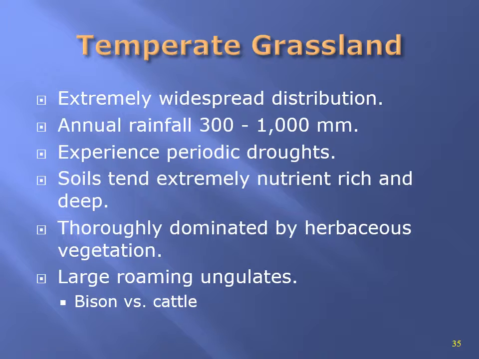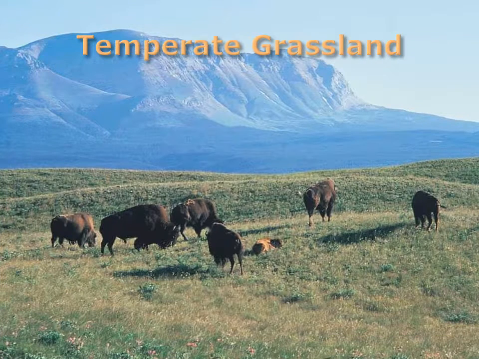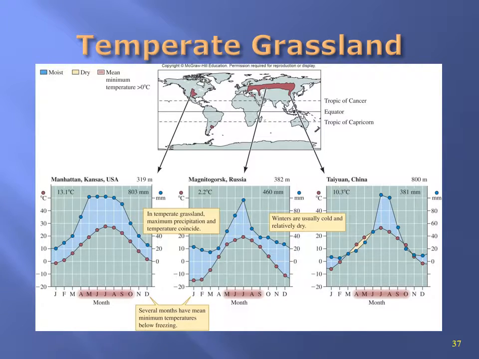So a lot of where there used to be bison, we now have cattle in these areas due to a lot of grass and feed for the cattle. There's a picture here of your temperate grassland with bison. And your climate diagrams for the temperate grasslands.